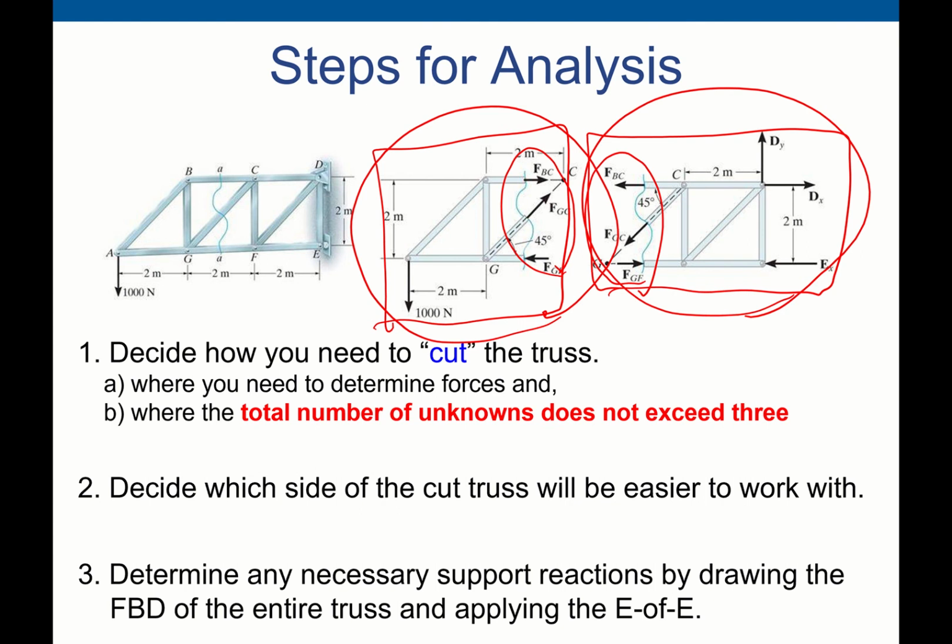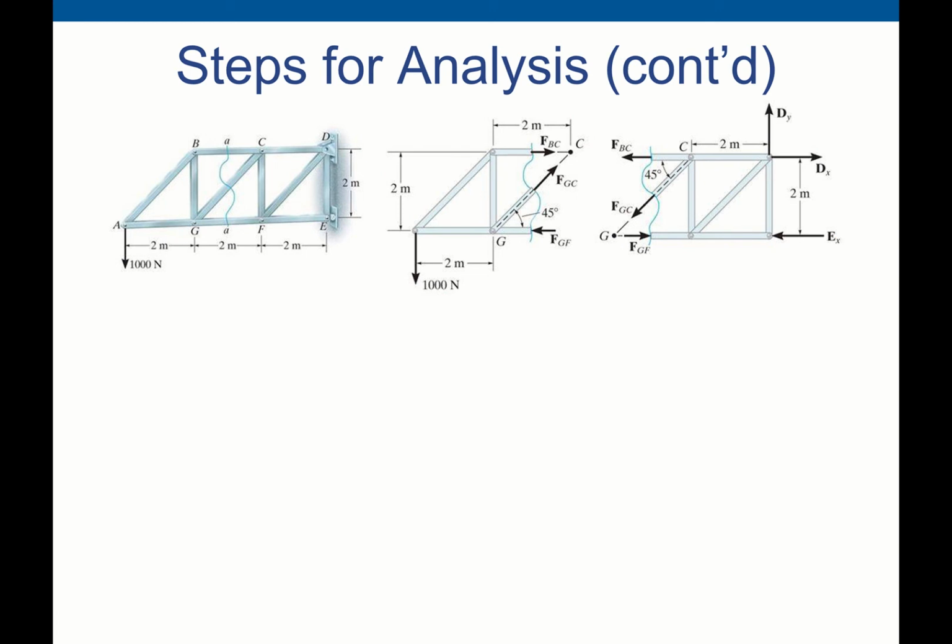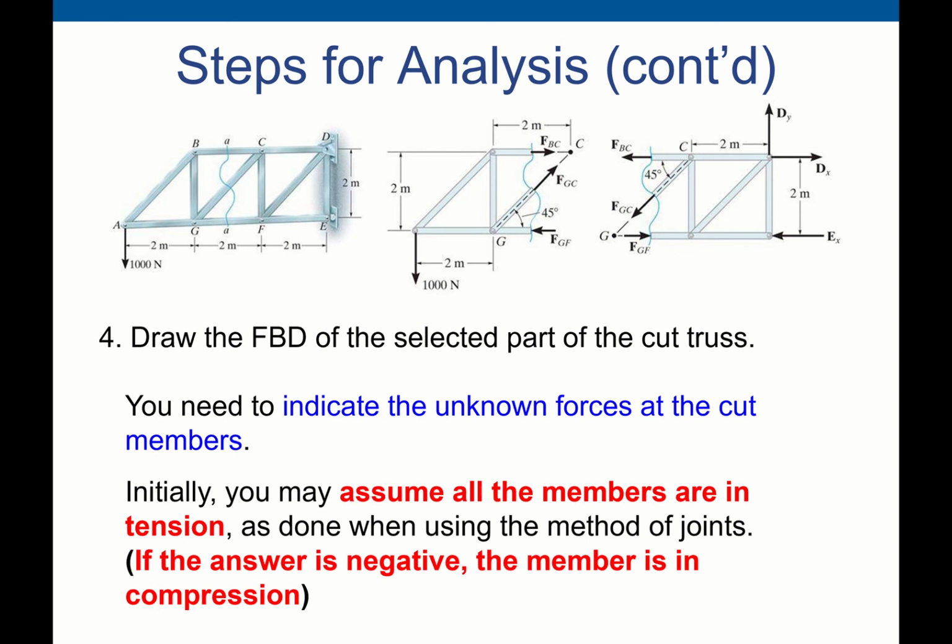The third step is to identify the support reactions and external loadings on the free body. Then the fourth step is again, you have to draw the free body diagram first, and indicate which are unknown forces and which are known forces.